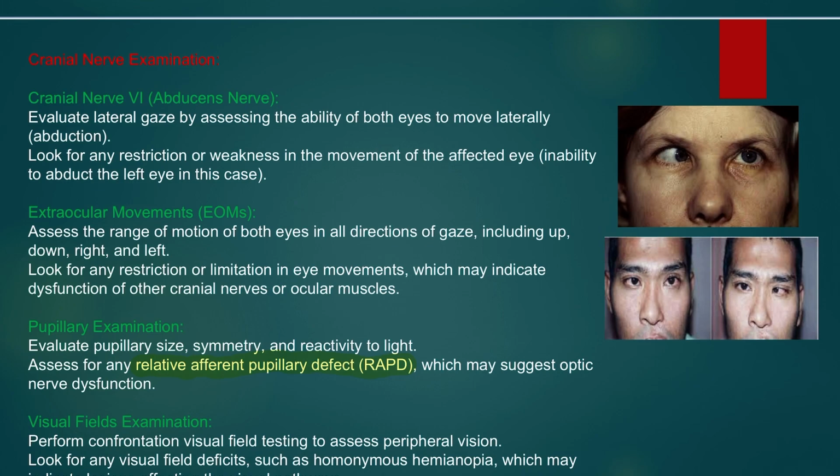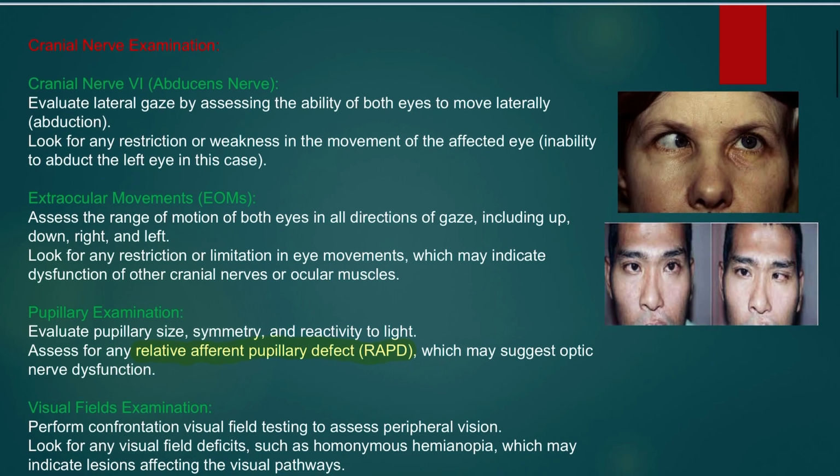So here you can see that if the patient is asked to look to the left side, the right eye can move medially. However, the left eye is not able to move laterally. So this is most likely a 6th nerve palsy.